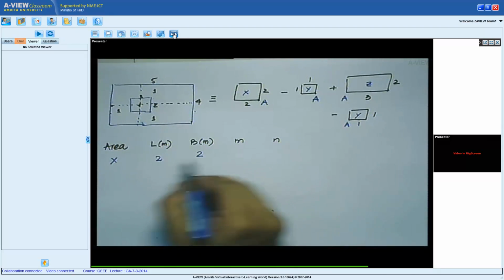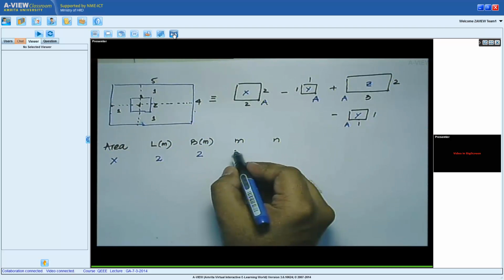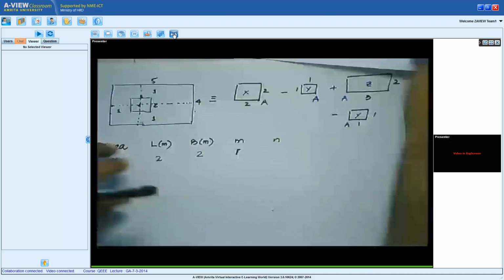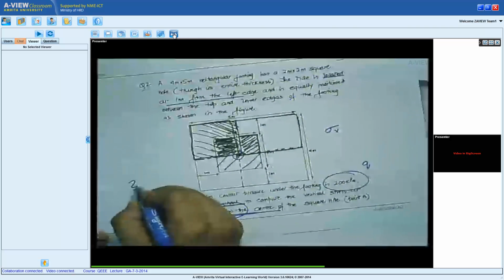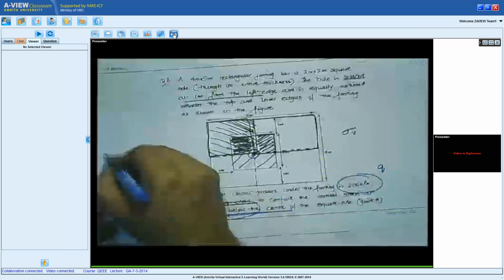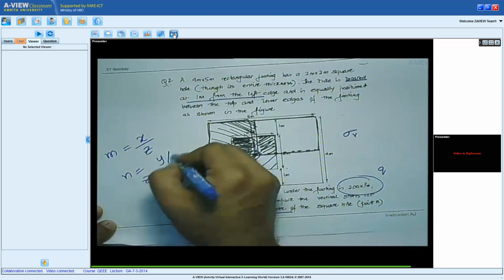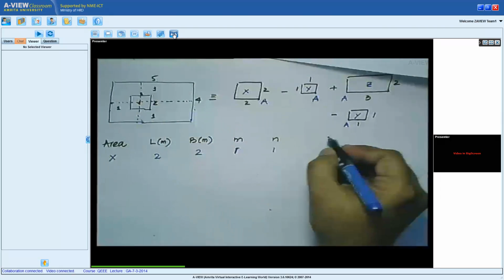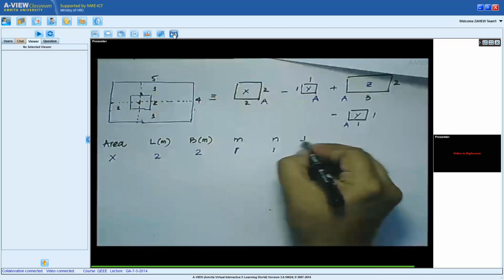So in this case, I'll take M as 2 divided by the depth, Z. You're asked to find out the stress at 2 meters below. So Z in this case is 2 meters. M is equal to X by Z, N equal to Y by Z. In this case, N is also 1. Next is the influence value, which I need to read from the chart.